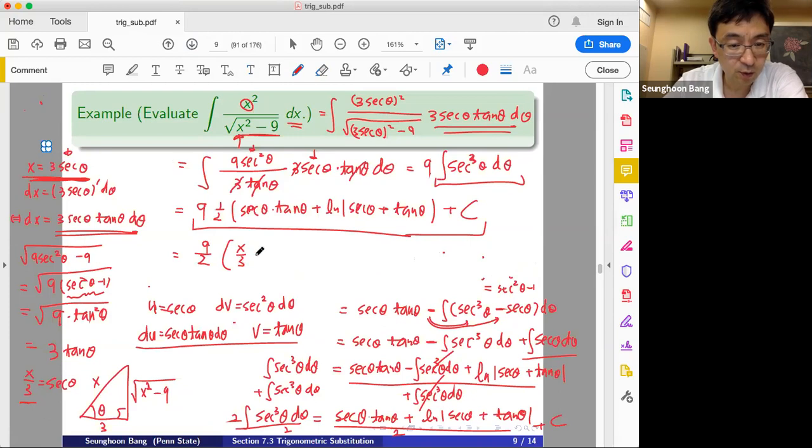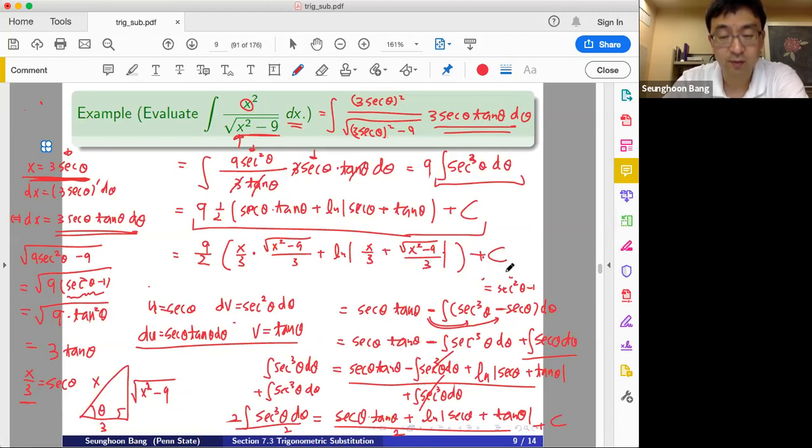X over 3 times, what's tangent theta? The opposite over adjacent: the square root of x squared minus 9 over 3, plus ln of x over 3 plus square root of x squared minus 9 over 3, plus C, right? So this is the idea for solving this problem, but not yet.